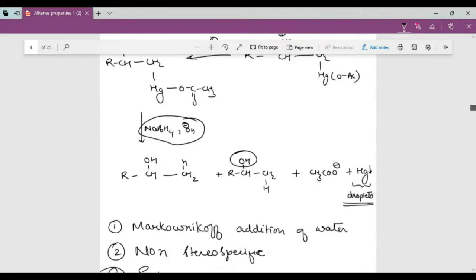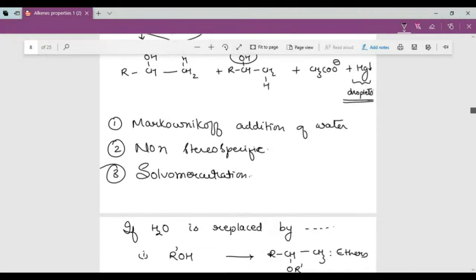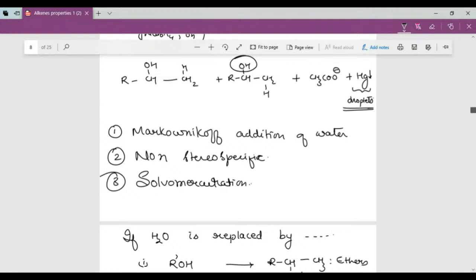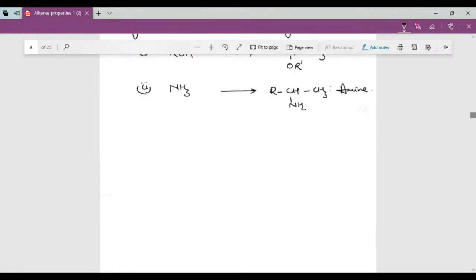And overall in oxymercuration-demercuration, there was no possibility of forming a rearranged carbocation. You remember one thing, whenever there is a formation of non-classical carbocation in the reaction conditions, then rearrangements are totally absent.